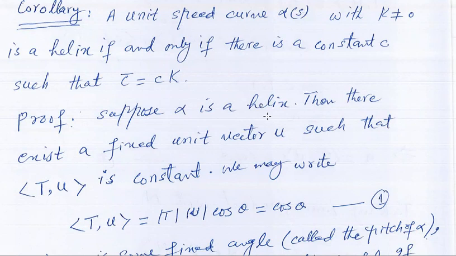If alpha of s is helix, then by definition there exists a fixed unit vector u such that the inner product of t and u is constant.